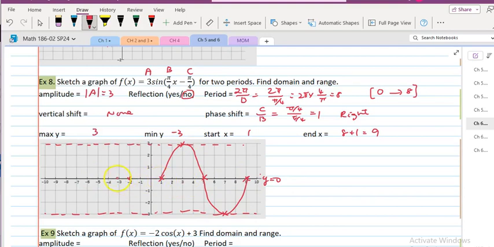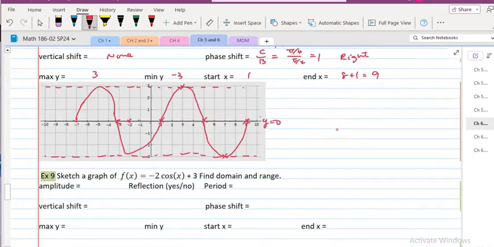So it should be like that for 2 cycles. Go a little bit higher here. Remember, the phase shift makes the basic cycle that used to start from 0 to 8 now become 1 to 9.